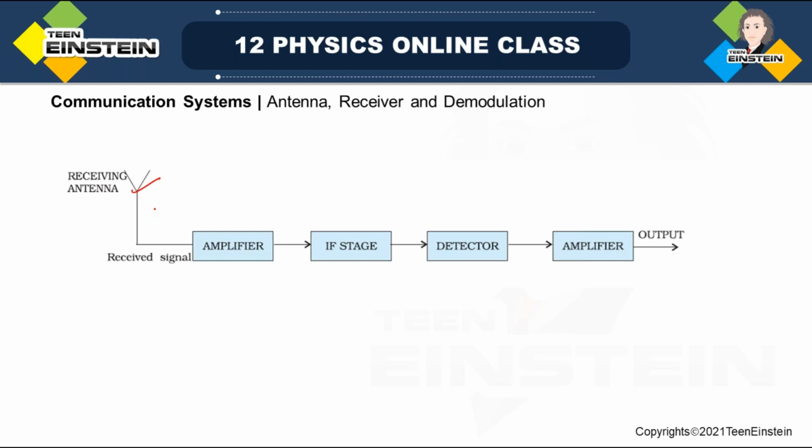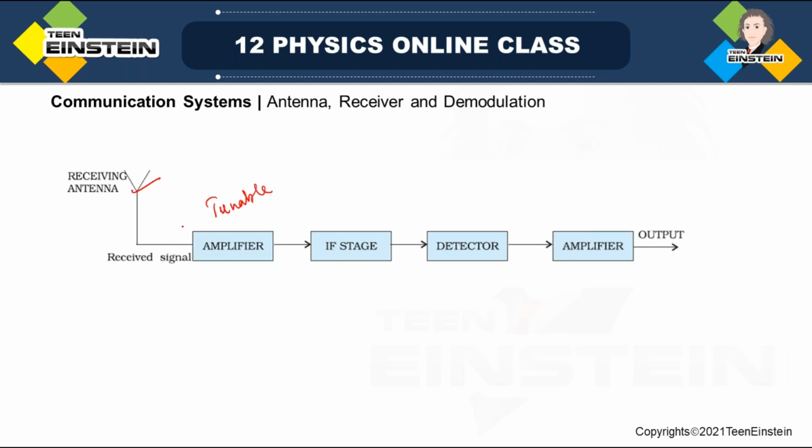Then by the tunable amplifier, the desired signal is selected and other unwanted signals will be rejected. The desired signal will be amplified by the tunable amplifier.